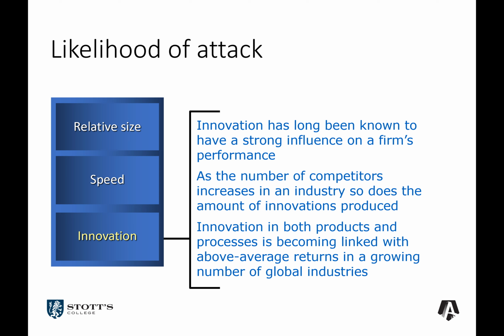Either you're improving your pricing performance and your costing performance if you're following a cost leadership or cost focused business level strategy, or you are enabling your product to be differentiated if you're following a mass differentiation or focused differentiation strategy. And of course, we've got the hybrid strategies as well.